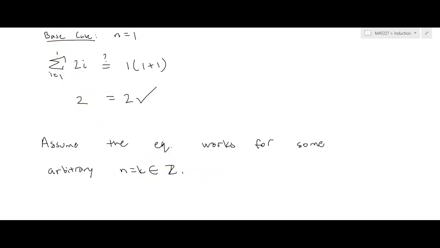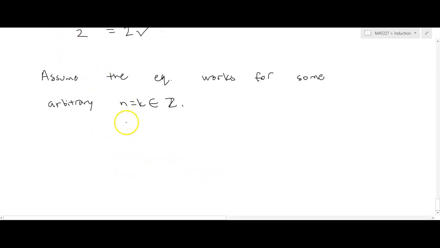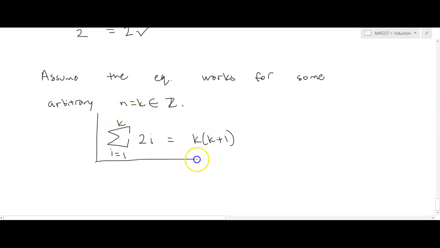So what that means is the formula that we assume is true is that the sum from i equals 1 to k of 2i is going to equal k times k plus 1. So now we've fixated on a particular value of n. That value of n is k. And so you can see we're just replacing all the n's with k because that's where our sum stops. So we're assuming that this is true.